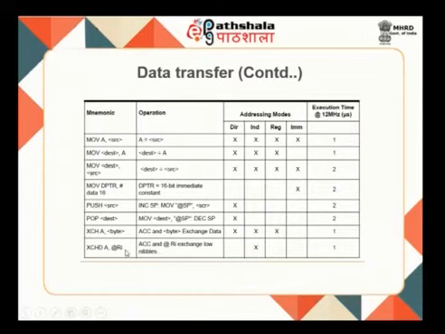XCHD A comma @Ri is the other form. If I am not giving anything, the accumulator exchange means only the accumulator data will be exchanged. But if I put A comma @Ri, the accumulator and @Ri exchange their lower nibbles. If I provide the source and destination, I can swap the lower nibbles. If I do not give any variables, only the accumulator is taken as the operand, and the data available in the accumulator is assumed and swapped between the two nibbles.